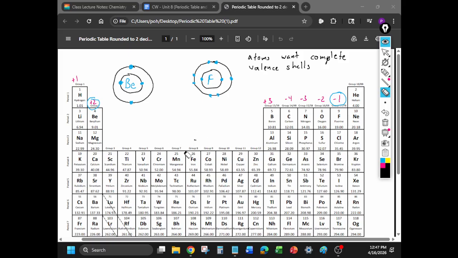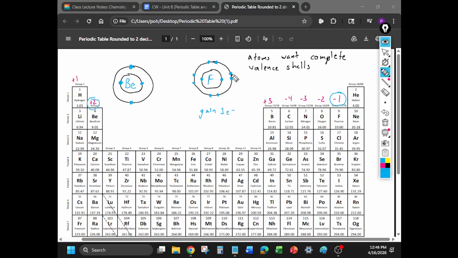So let's start with fluorine. We said that fluorine wants to become -1. And the reason is because it currently has 7 valence electrons, right? The outside shell: 1, 2, 3, 4, 5, 6, 7. So the valence shell has 7, and it's going to gain 1 electron.